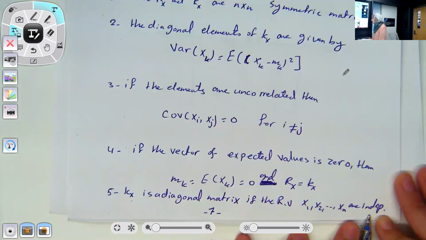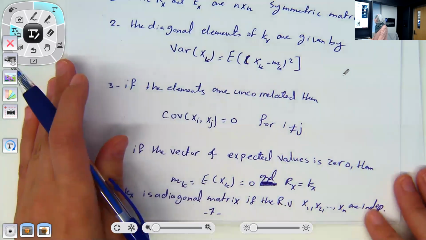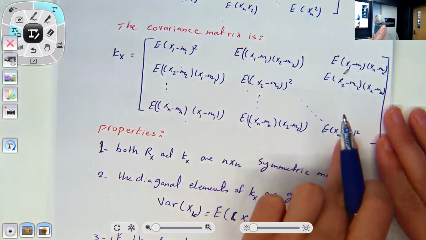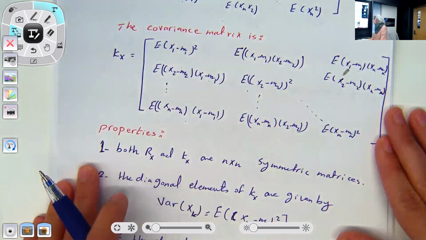If you have many random variables and these random variables are independent, you will get just a diagonal matrix. You will get entries just in the diagonal, and everything else is 0.